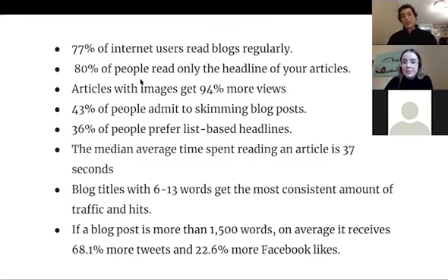I usually end up hitting 1,500, but the more value you can provide, the more information you can provide, the better the blog post will do. If you're writing a very short blog and it's taking you 30 minutes to write, you're doing it wrong and you need to take a step back and really reevaluate what you're doing.